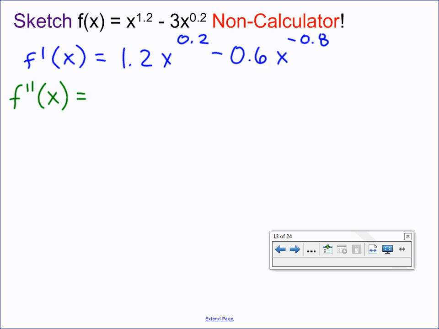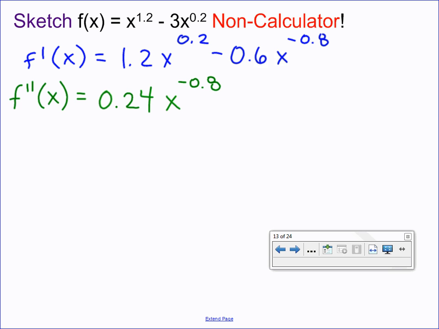So f double prime is given by power rule, and it looks like 0.2 times 1.2 is, what's that? 2.4. Is it 0.24? So 0.24 x to the, and now 1 less than 0.2 is what? Negative 0.8 again.